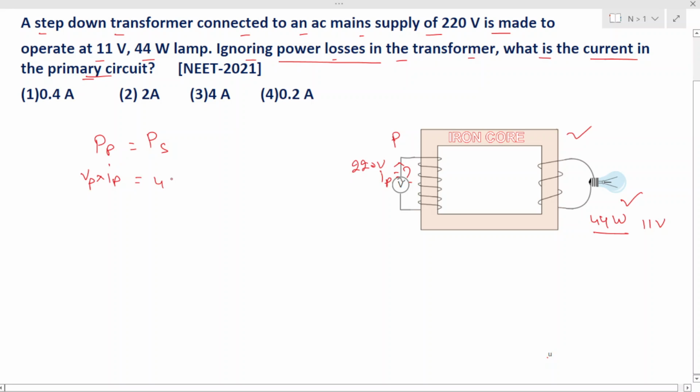He gave Vp as 220 volts, and he asked us to calculate Ip. So Ip is equal to 44 by Vp, which is 44 by 220. If you solve this, you will get 0.2 ampere. So the current flowing through the primary circuit will be 0.2 ampere.